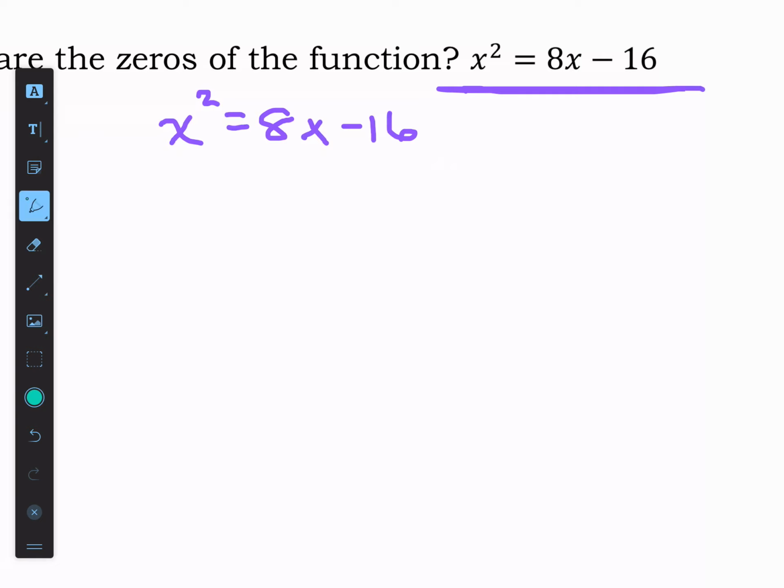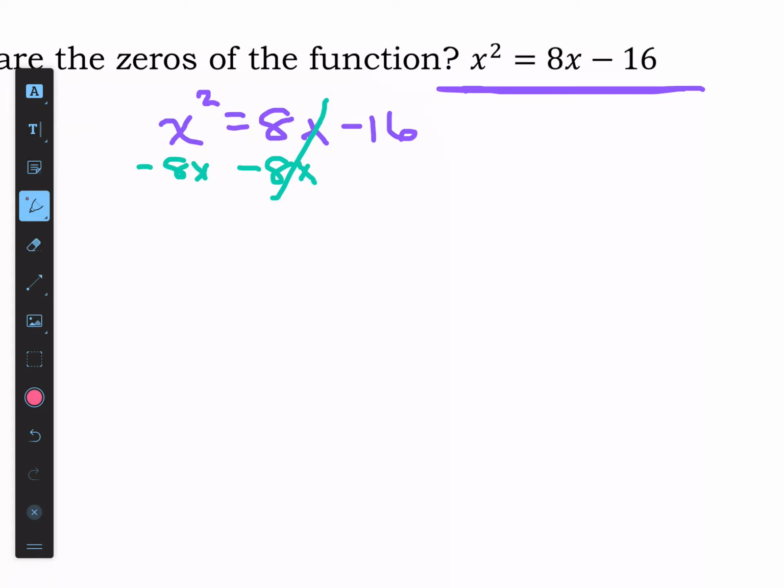So if I want to get rid of something, so let's say I want to move that x squared. It's a positive x squared, so if I want to make it go away, I'm going to subtract, I'm sorry, not x squared, 8x, I'm sorry. If I want to get rid of the 8x, I'm subtracting the 8x on both sides. Boom, that's gone, okay? Now, I want to move the negative 16 because I need this entire side to be equal to 0.